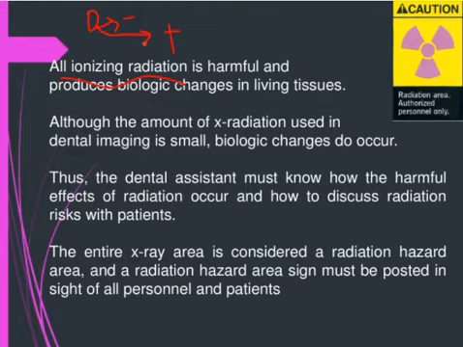All ionizing radiation is harmful to the tissues because it produces biological changes in living tissues. So we are going to make sure that such radiations have limited exposure on living tissues.